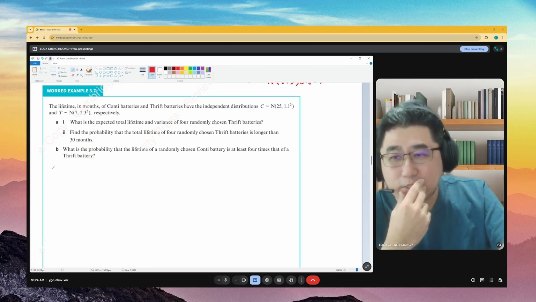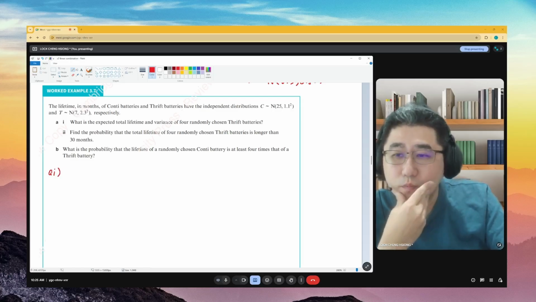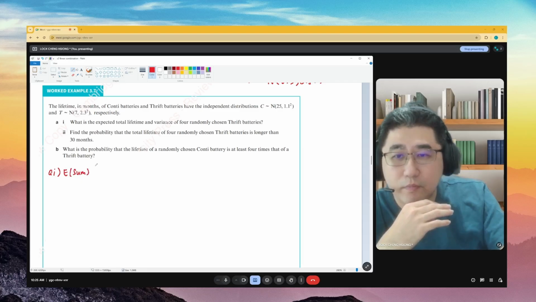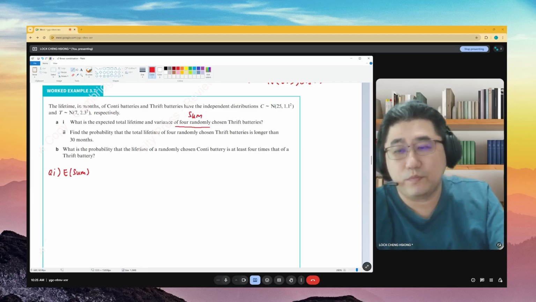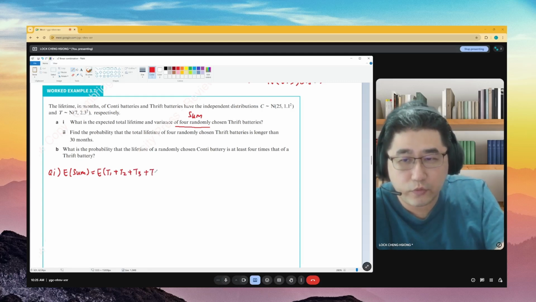Let's see what part A1 is talking about. Here we are talking about sum. So 4 randomly chosen represents a sum. For the expected value of the sum, it will be T1 plus T2 plus T3 plus T4.